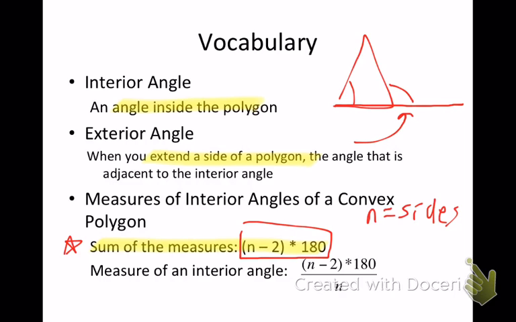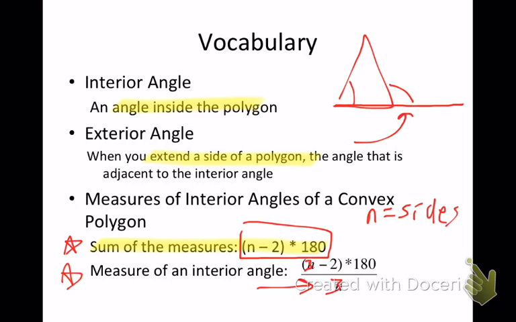And then we have the measure of an interior angle. The measure of an interior angle means what's the exact measure of one of the regular inside angles. So notice it's very similar. It's n minus 2 times 180, but now I'm dividing by n. So again, let's think about a triangle. How many sides does a triangle have? 3. So I'd do 3 minus 2 times 180 divided by 3.